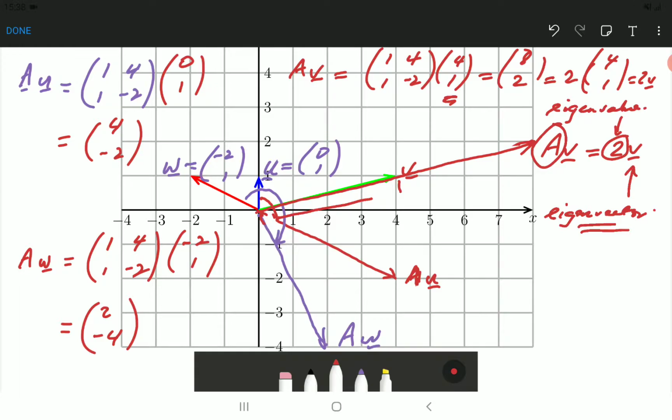So that is the relationship between the eigenvector of a matrix A and its eigenvalue. So an eigenvector is that vector whose direction remains invariant under the action of the matrix. So it is only multiplied by a scale factor. That scale factor is called the eigenvalue.